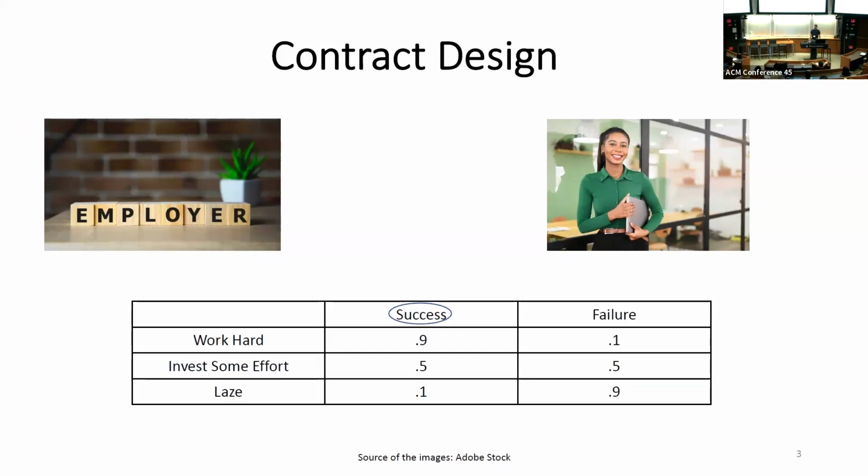Each effort level induces a distribution over possible outcomes for the projects. For example, either the project is a success or a failure. And the employer only observes the outcome. For example, the project is a success, and the income of the employer is also just based on the outcome.